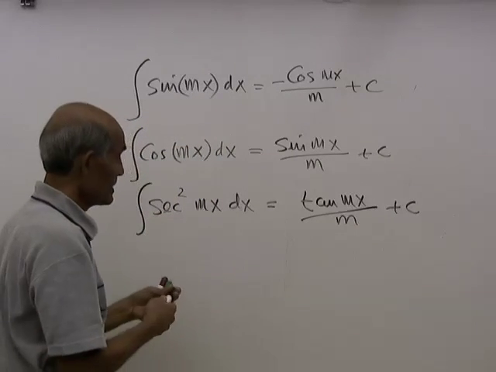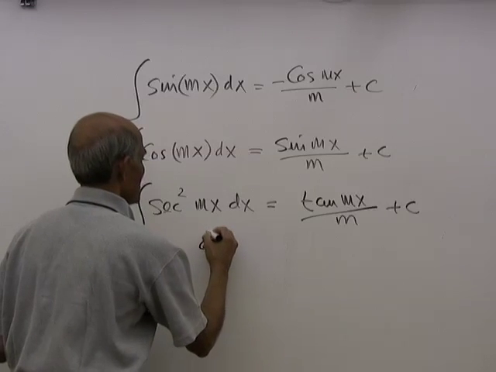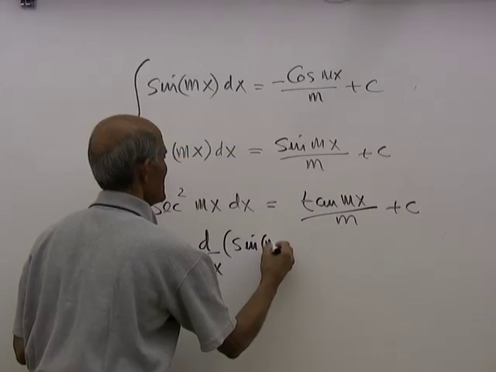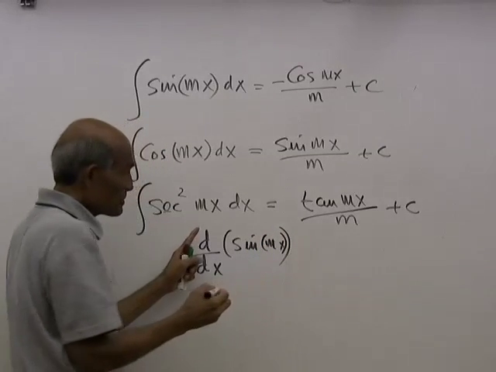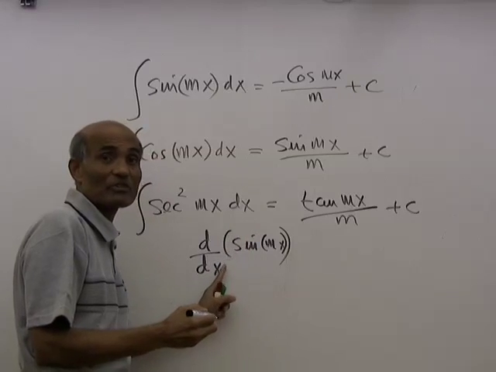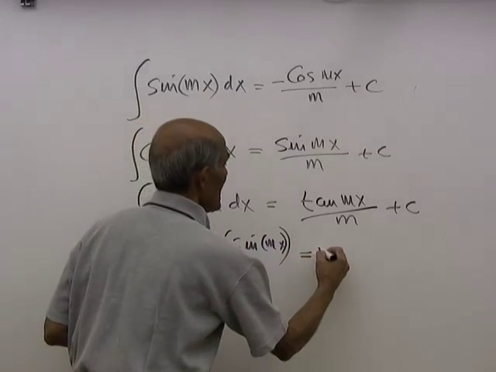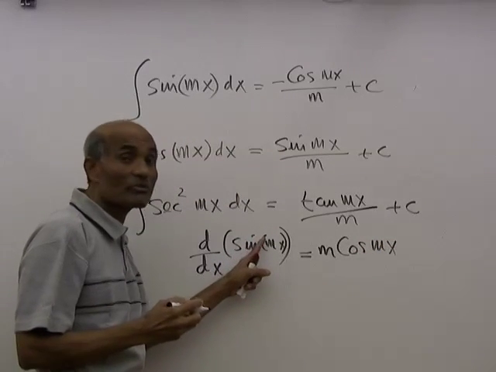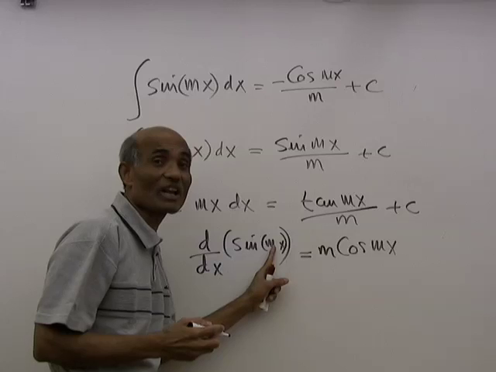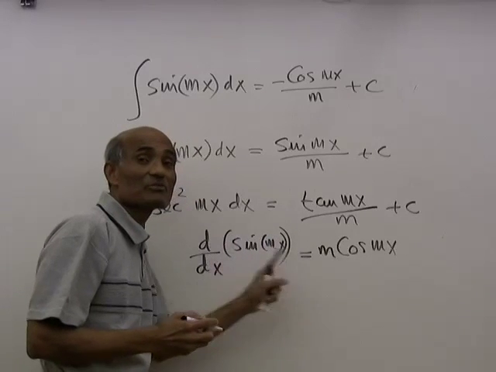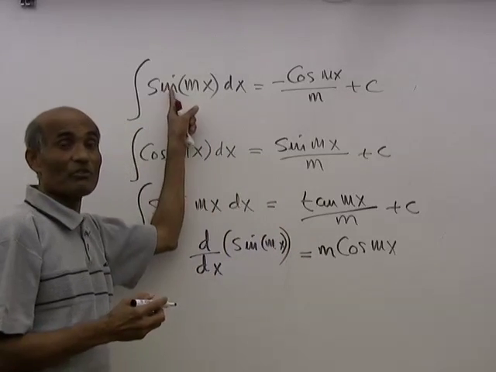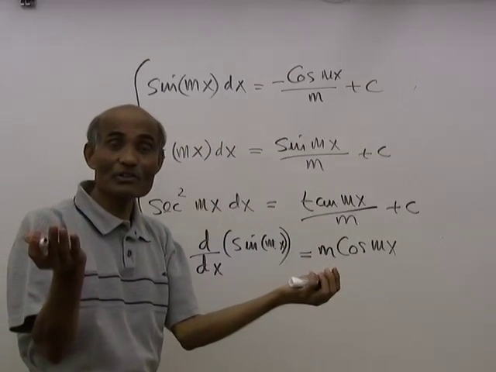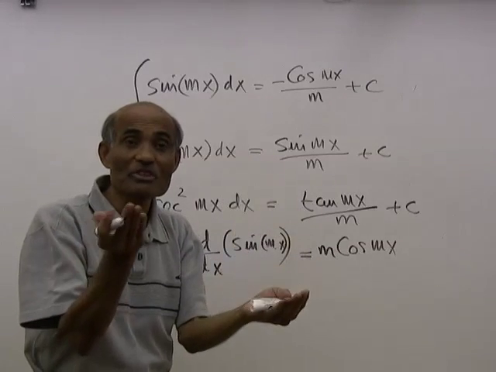In other words, one more time, d by dx of sine mx, the derivative of sine mx with respect to x, will be m cos mx. When you find the derivative of a sine function like this, m will get multiplied. But when you find the integral, that m will get divided. Why? Because these processes are opposite of each other.